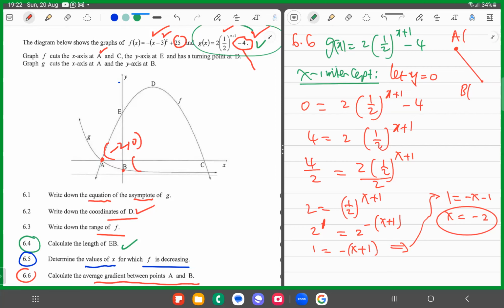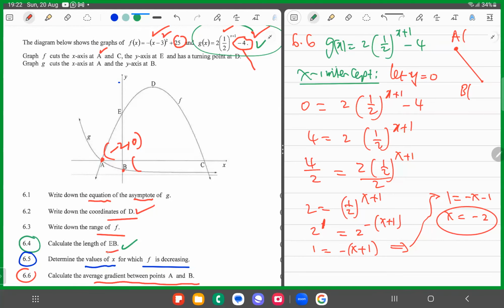So the coordinates of B will be the following. We found the x-intercept. And what was the y-intercept of the function?